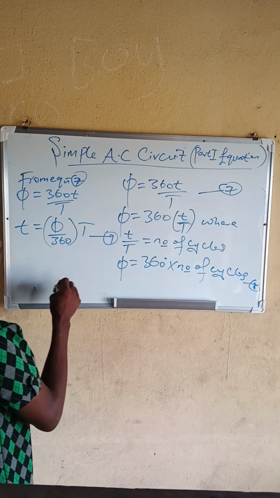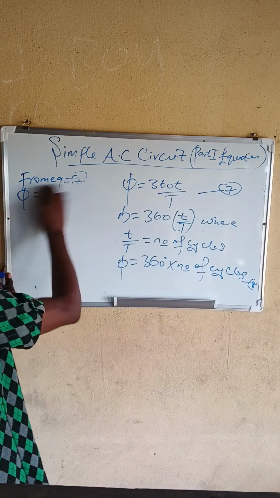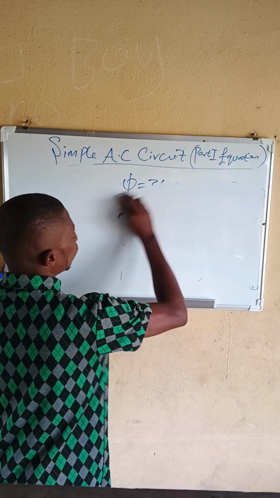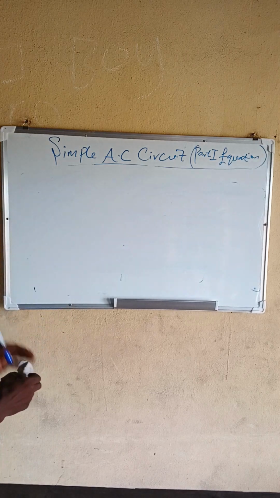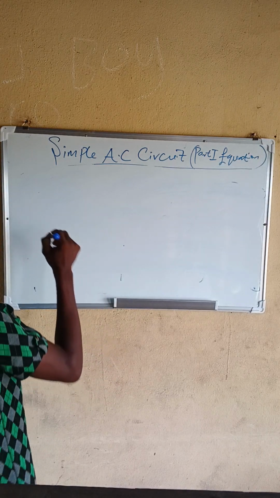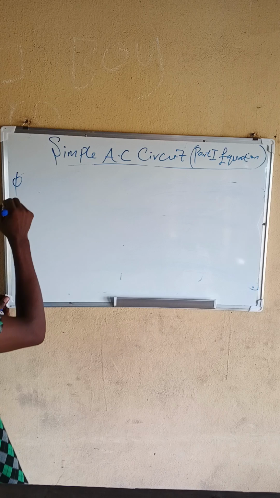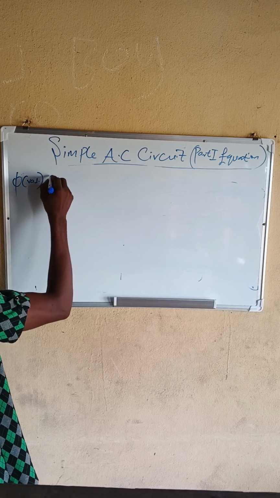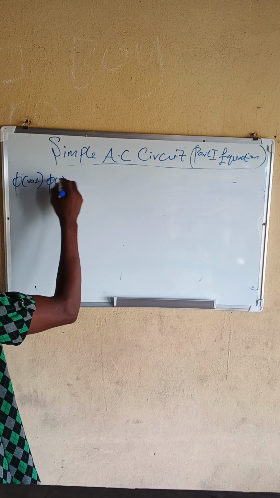Then I'm going to generate a table of values for this AC circuit. The table of values is this, where I have the phase angle measured in radian, and the phase angle measured in degree.